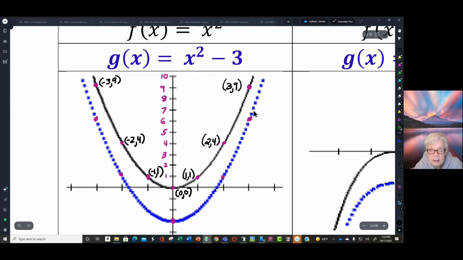And so here at 3, right down there, this is 3, 6. Was 3, 9, but we subtracted 3. 4 minus 3 is 1. So we now have the point 1, 1. This is the point 0, 0.